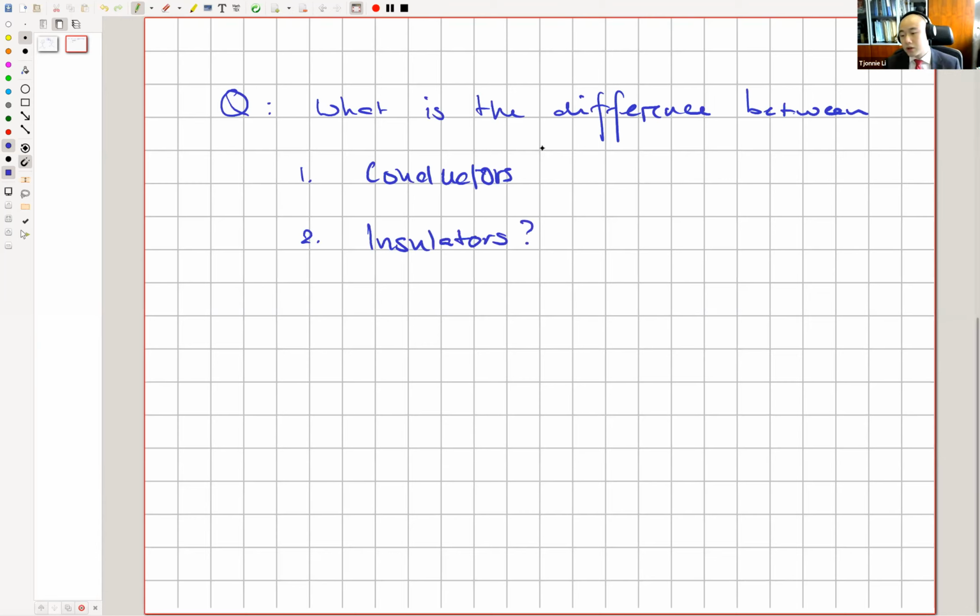Let's take a minute or two to refresh what are really the differences macroscopically between conductors and insulators.